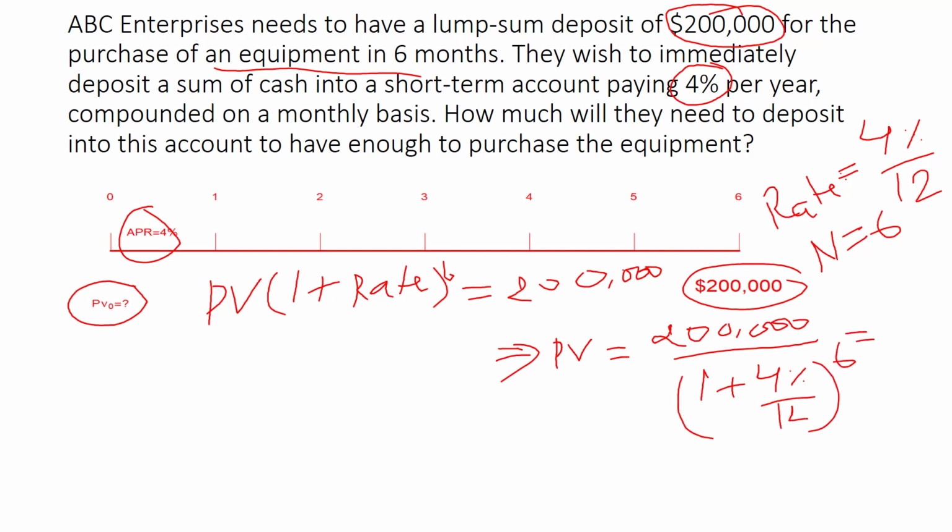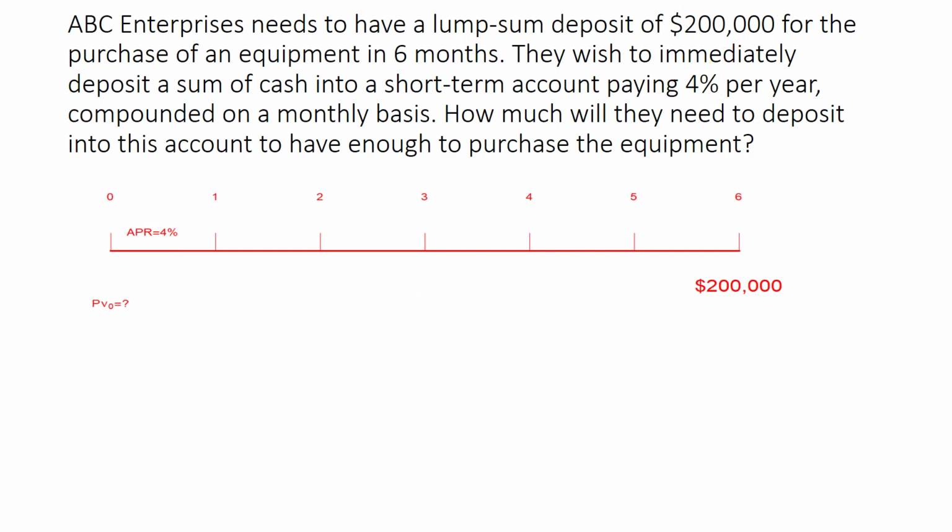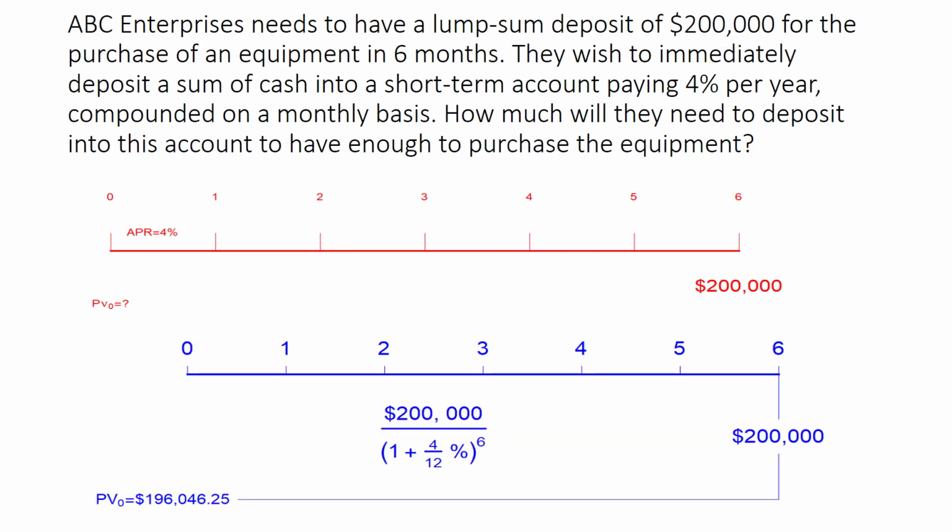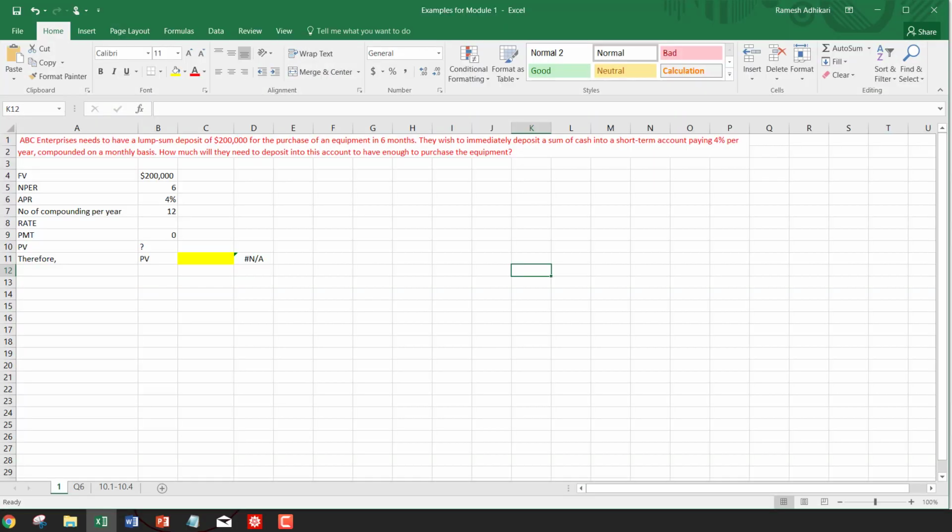If you simplify this, that will give you how much money you need to deposit today in order to have this $200,000 ready in 6 months. Here I have provided a solution, which means you simply divide 200,000 by (1 + 4%/12)^6, and that is equivalent to $196,046.25.